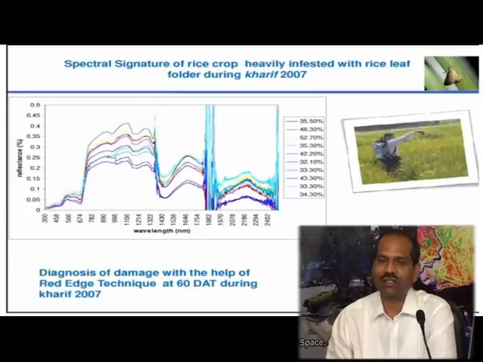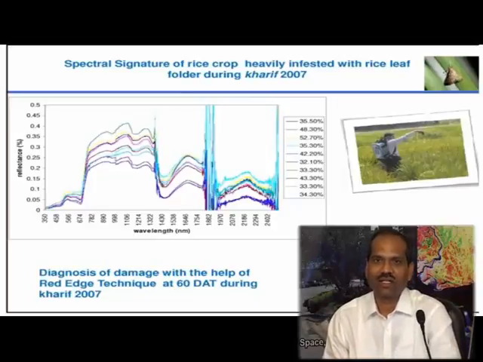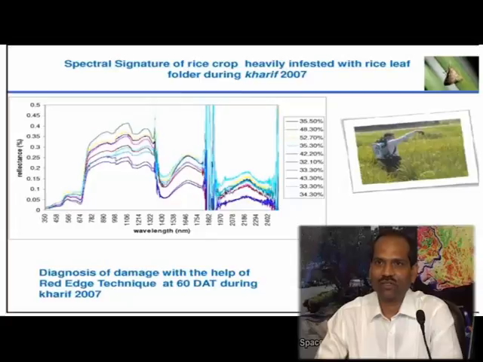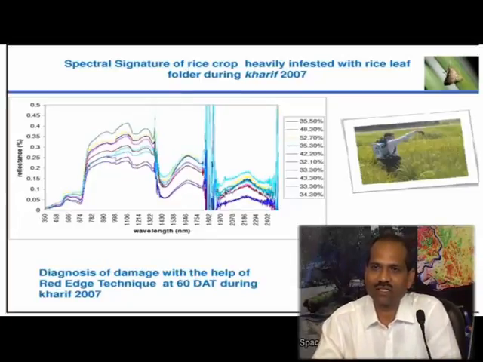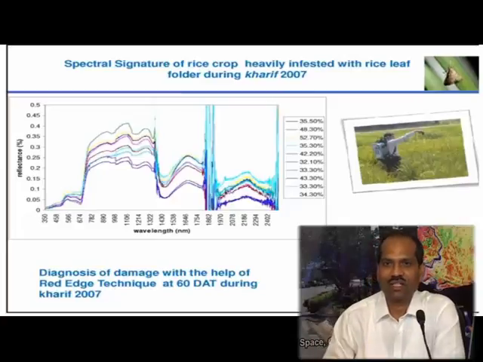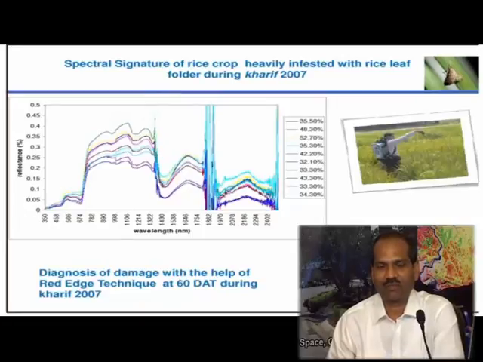Then here we are taking the spectral observations having the severity of the plant and different treatments, and this is the leaf folder you are able to see there, which damages the leaf and folds the leaf, and you are able to see the damage percentage given over here in different colors in the lesions and the spectral pattern.